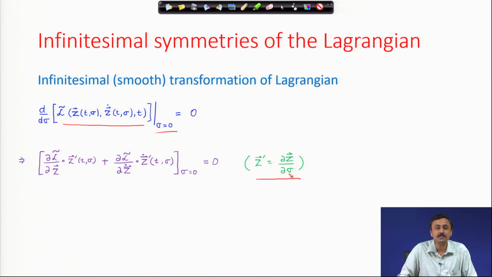Again z dot prime means del sigma of z dot. That is all to it, and this must be calculated at sigma equal to 0, and that is equal to 0. This is our condition. That equal to 0 is the symmetry condition.